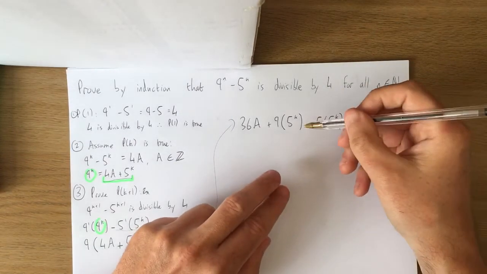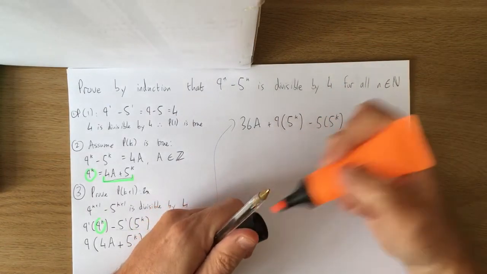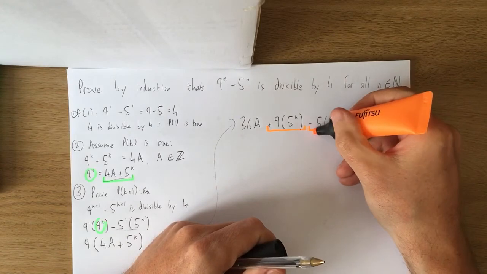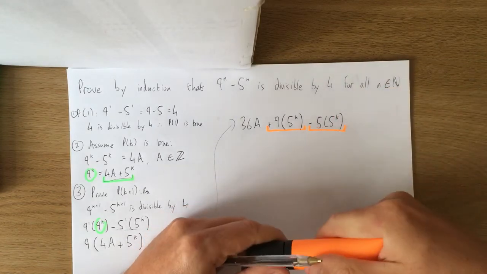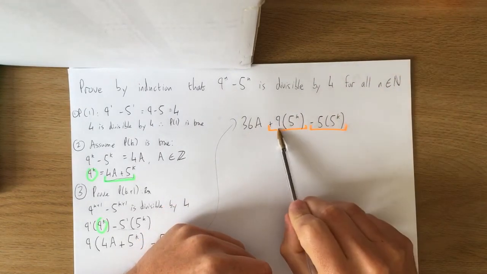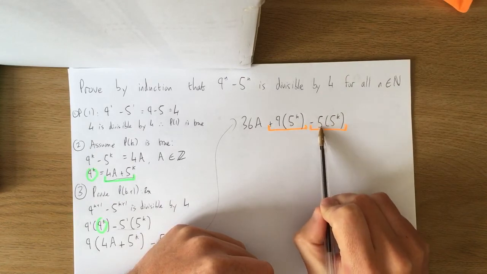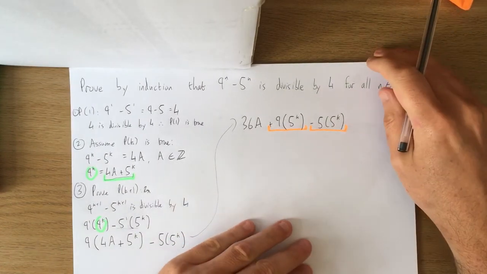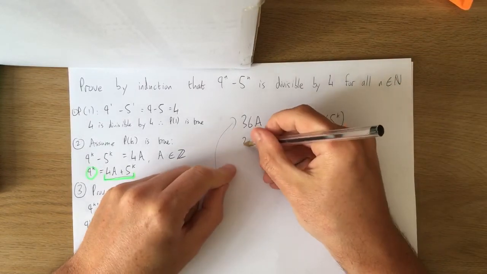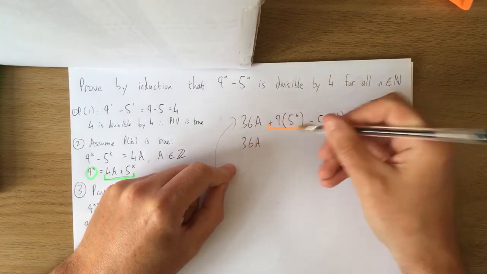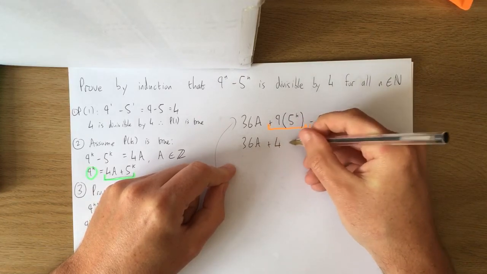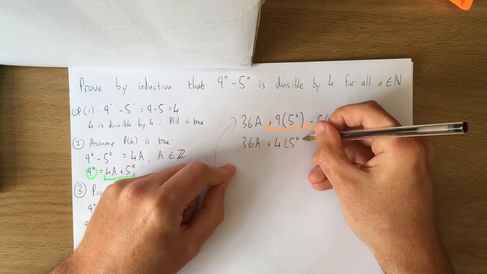But what you'll notice is you've got 9 times 5 to the k minus 5 times 5 to the k. So you've got 9 of something, take away 5 of something. If you have 9 of something and you take away 5 of something, you have 4 of that thing. So this is equal to 36a plus 9 minus 5 is 4 times 5 to the k.